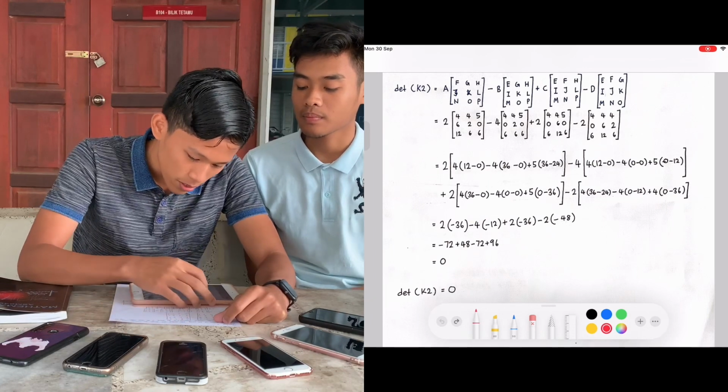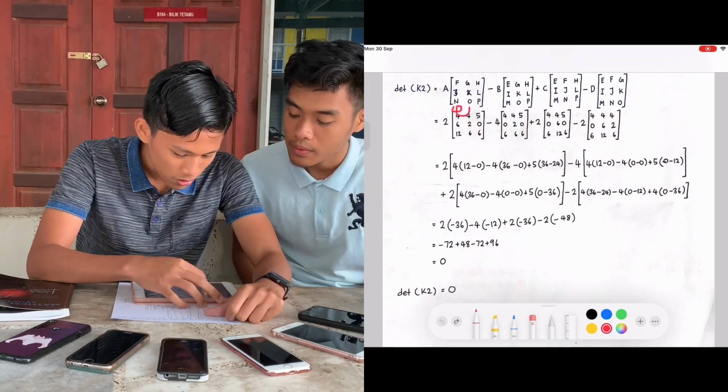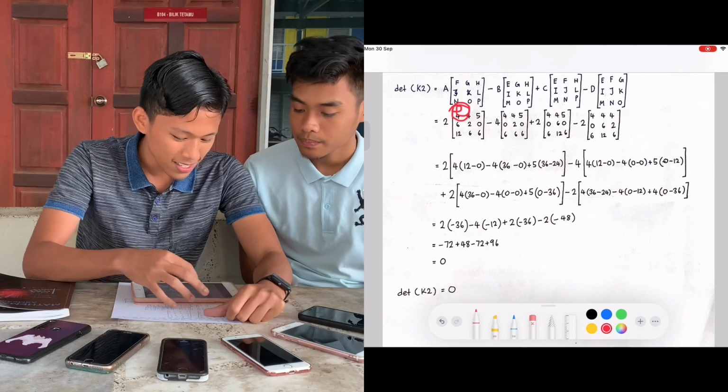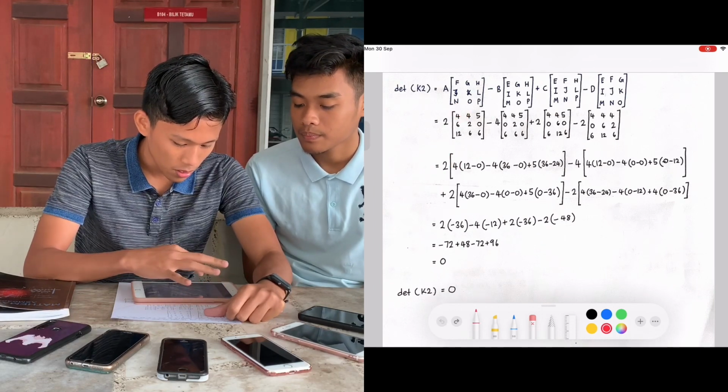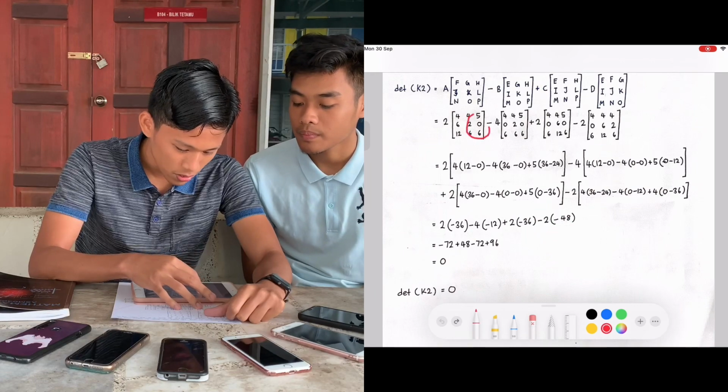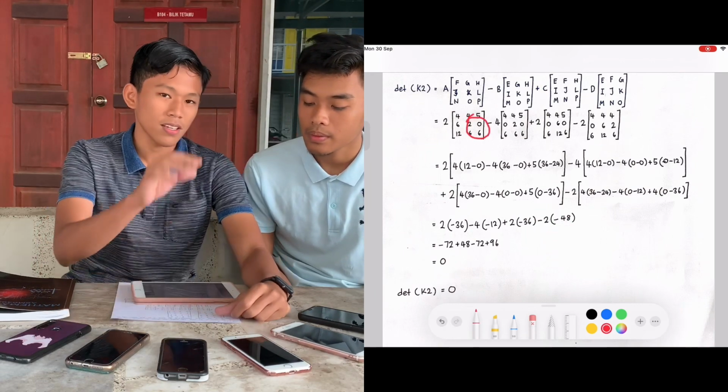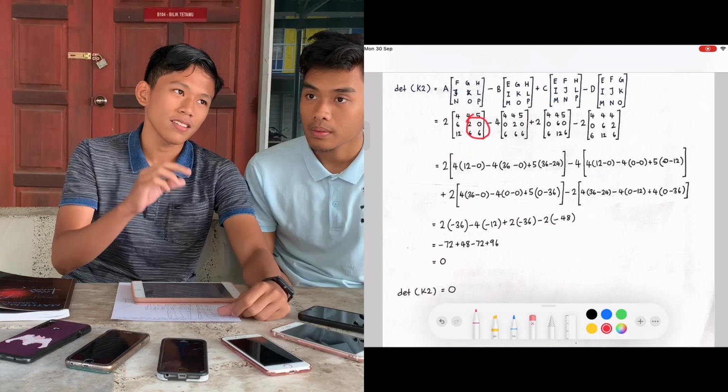We calculate by using the 1, take the 4, put it here, and we just use this and make it A, B and C, D.